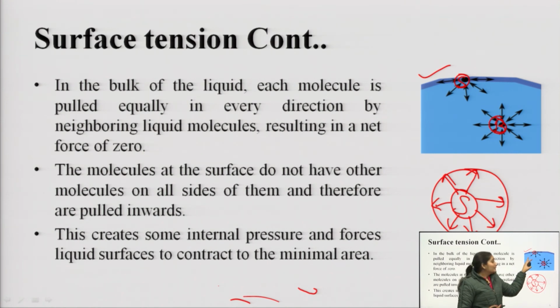So, this molecule will be pulled inwards, because no molecule is lying above it. Okay. So, it is only pulled inwards, and this will create certain internal pressure, and that internal pressure will force the liquid surface to contract and attain a minimum surface area.